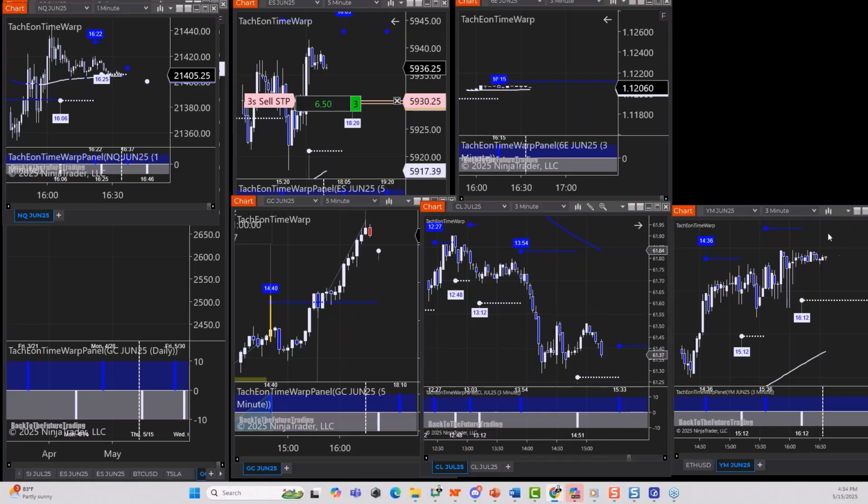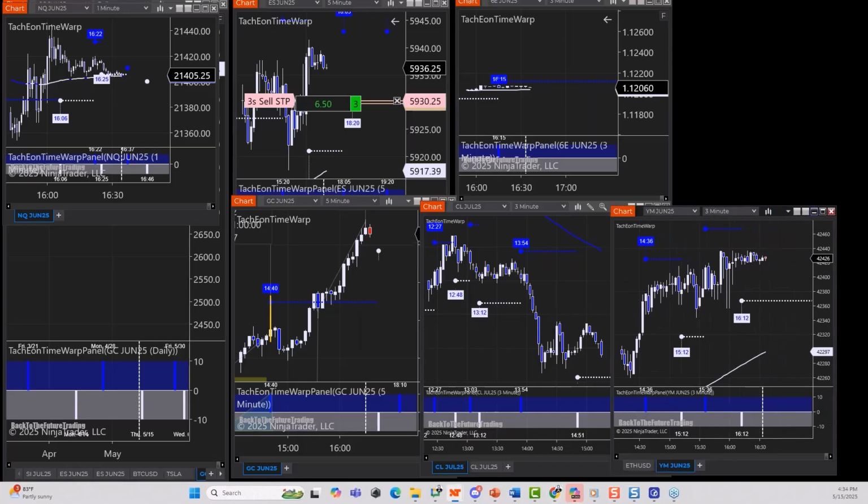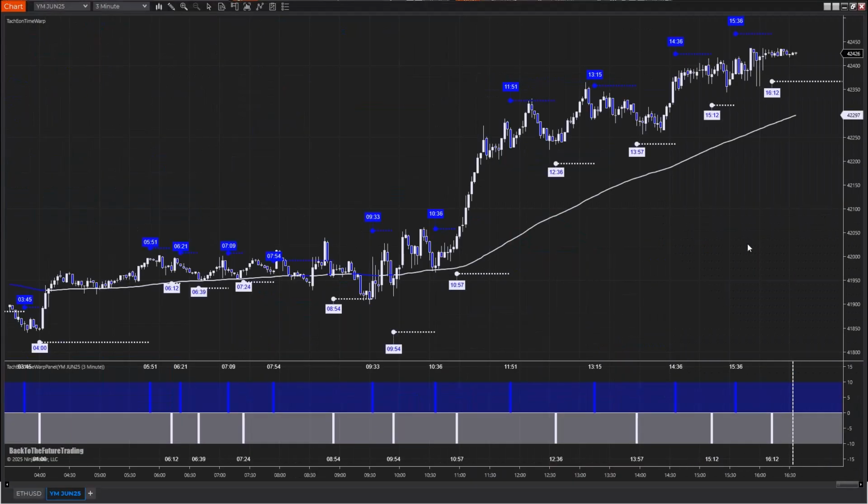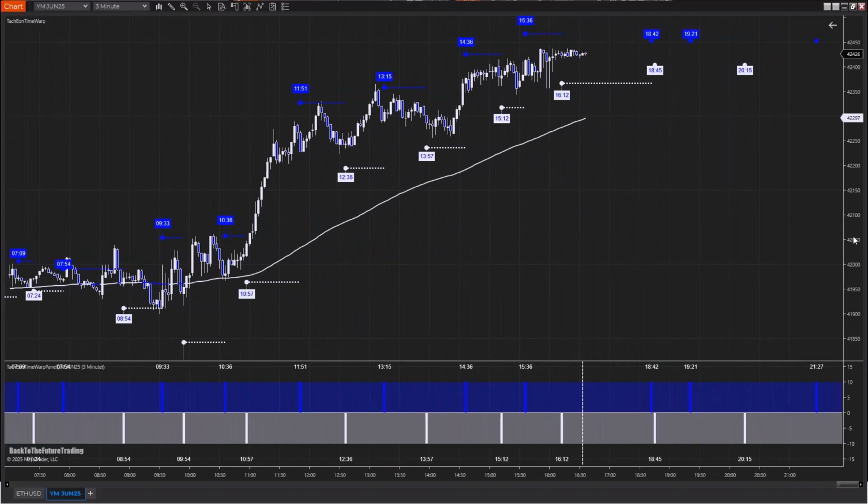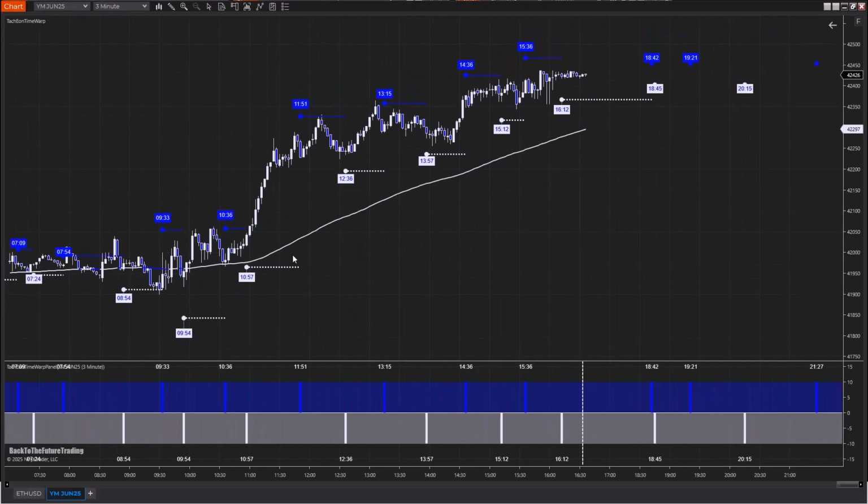Let's take a look at the mini Dow on the 3-minute chart. Now remember, when did we publish the times?